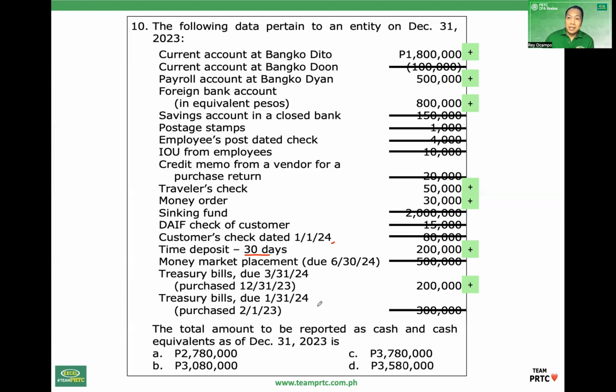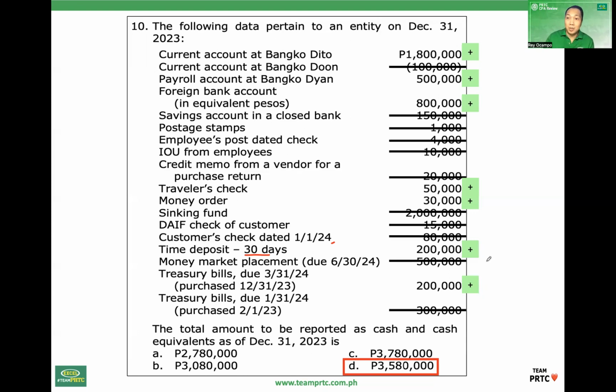Get the total cash and cash equivalents. Number 10, delta. Now, just add a note. Up to this point, this is the cash, and these two are cash equivalents.